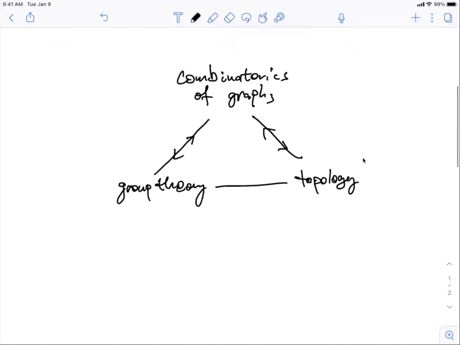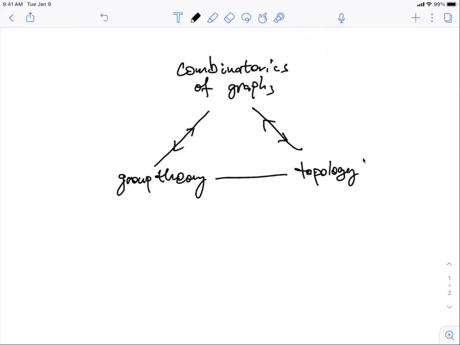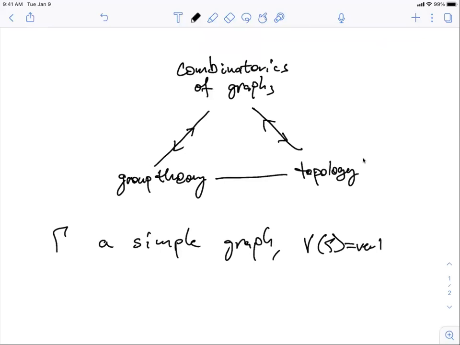So the actors that are going to be appearing here are going to be fixed as follows. Gamma will always be a simple graph, with a set of vertices V and set of edges E. This is the combinatorial object that we'll be investigating.